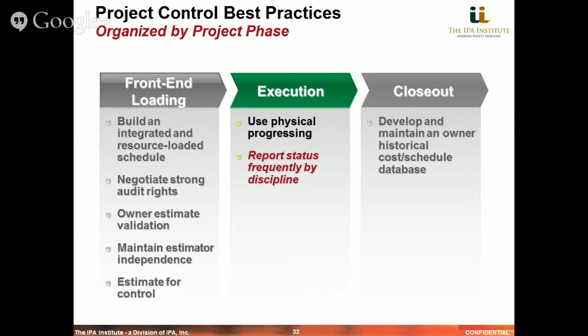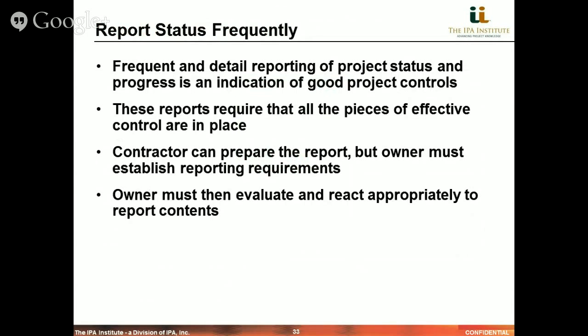The second category in the execution phase in terms of best practices for project controls involves the frequency and detail of project status reporting and how that correlates with better outcomes. Basically, the research from IPA shows that frequent and detailed progress reporting is correlated with better outcomes.